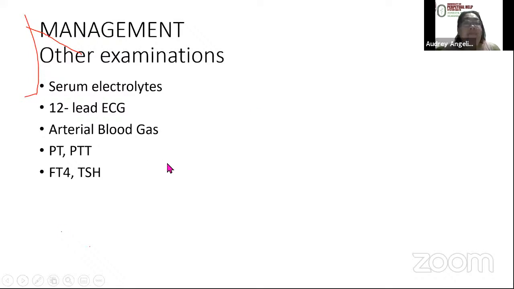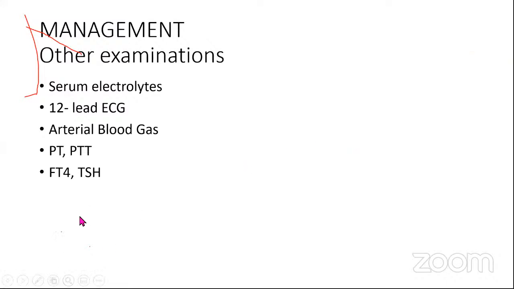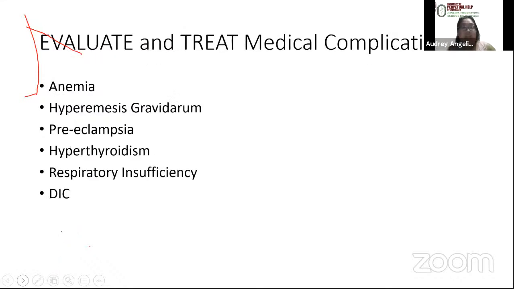Other examinations would be serum electrolytes, 12-lead ECG, ABG, PT, PTT, FT4, and TSH as needed. As I've mentioned, you have to evaluate and treat potential medical complications: anemia, hyperemesis gravidarum, preeclampsia, hyperthyroidism, respiratory distress, and DIC.